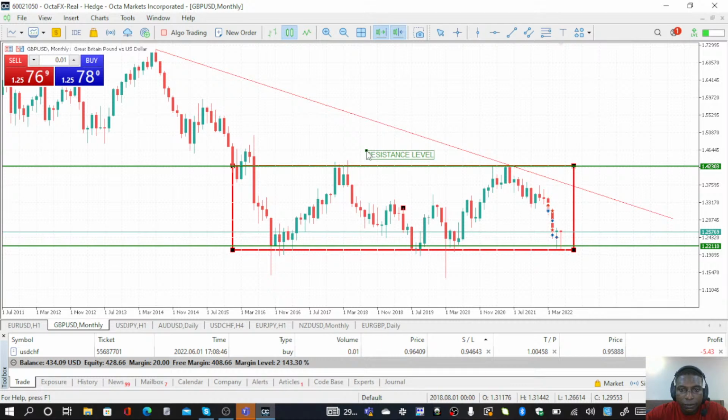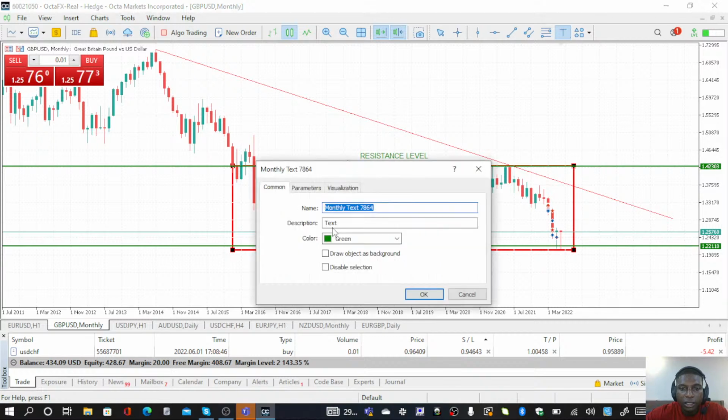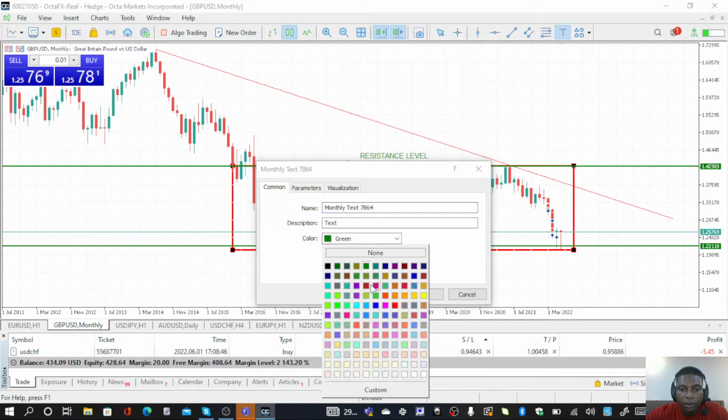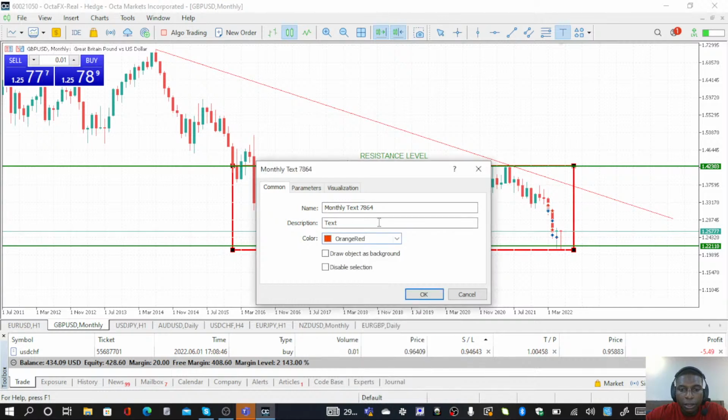Then this level is support. Let's change this to red, crimson. Then this is the support level.